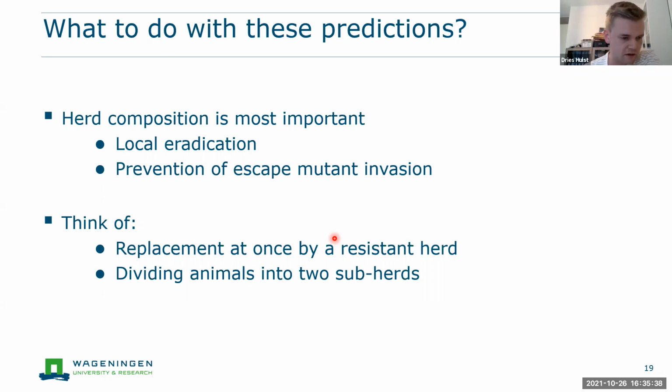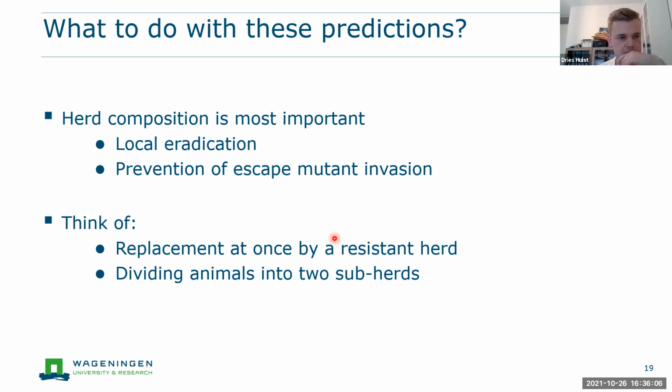So the frequency of the host resistance allele, what I showed in the figures, you can of course increase that by increasing the frequency of resistant hosts. And if the fraction of resistant hosts is high enough, then we can probably eradicate the disease and prevent mutation or invasion of escape mutants.